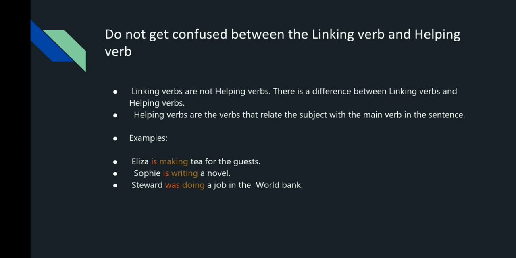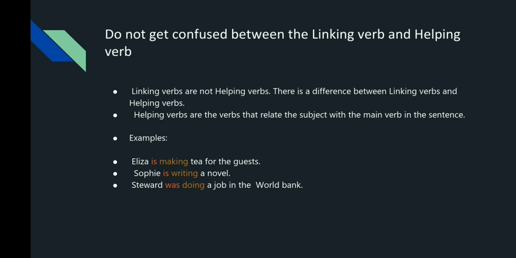Well, in the third example, I would say Stewart was doing a job in the World Bank. Now, in this example, we can see that the helping verb was is actually developing a relationship between the subject Stewart and the main verb doing.